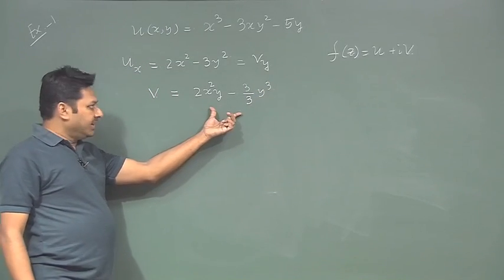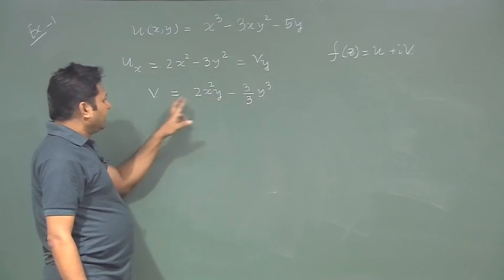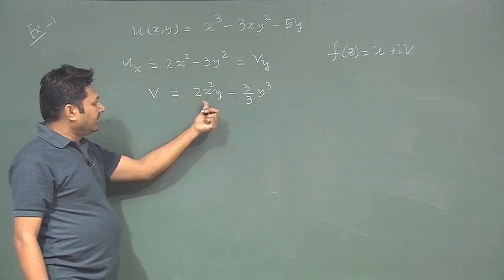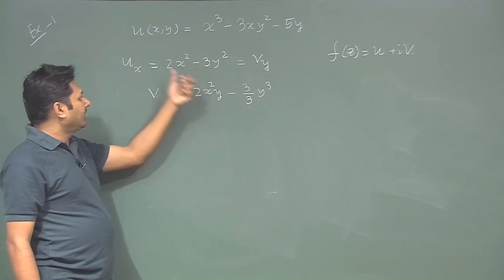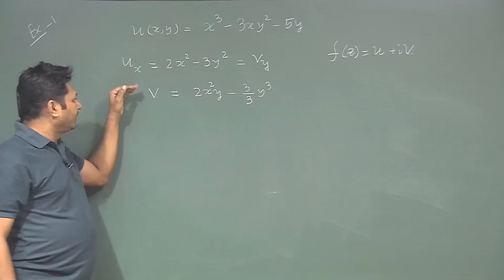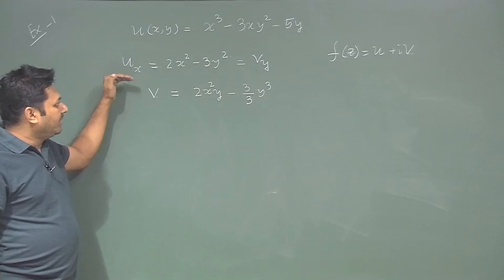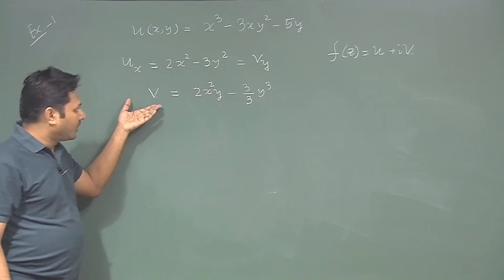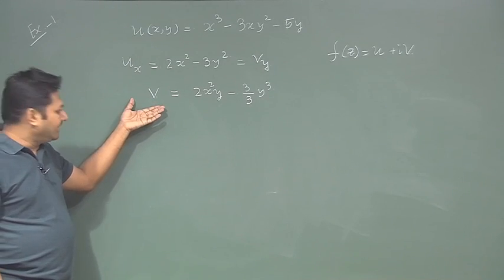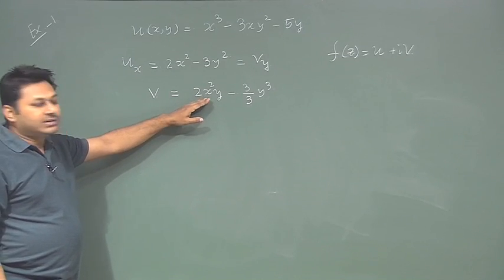When I am making the integration, you should remember that I am integrating with x as a constant. When we do the partial derivative with respect to x, we make y a constant. Here I am doing the opposite thing: vy is given, and I am integrating it to find what is my v. When I am integrating it, my x should be constant.